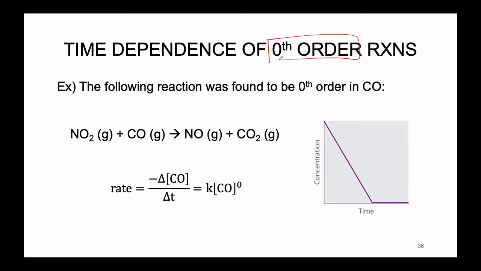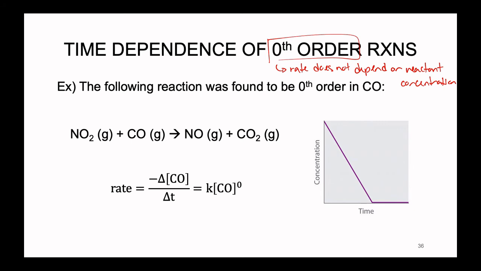A zeroth order reaction is one in which the rate does not depend on reactant concentration. In other words, your reaction rate will progress at the same steady pace because it is only temperature dependent, or if there are multiple reactants, it might only be dependent on the concentration of one and not the other.